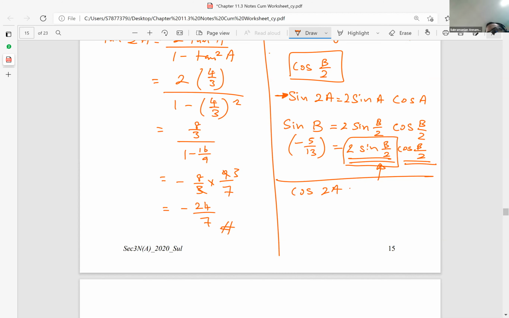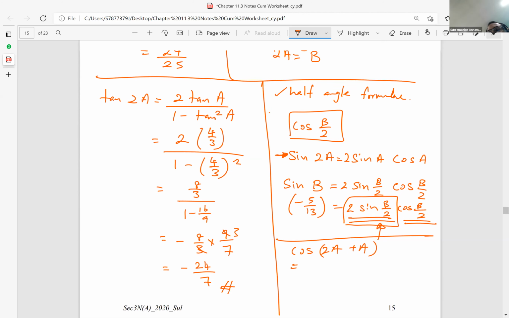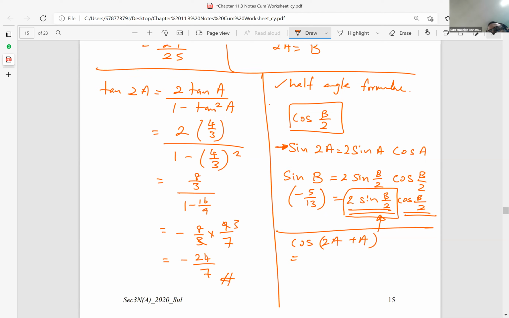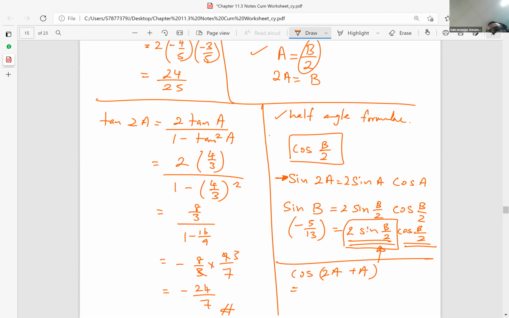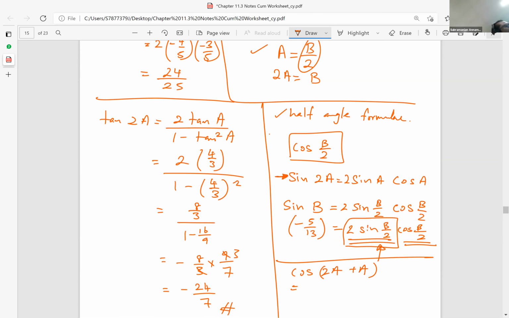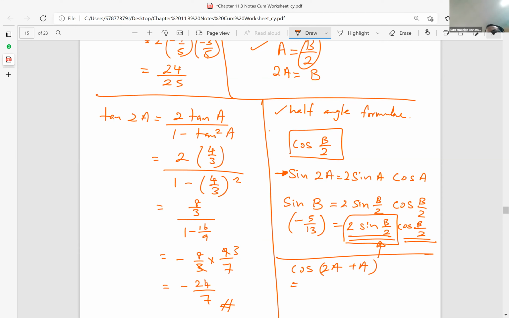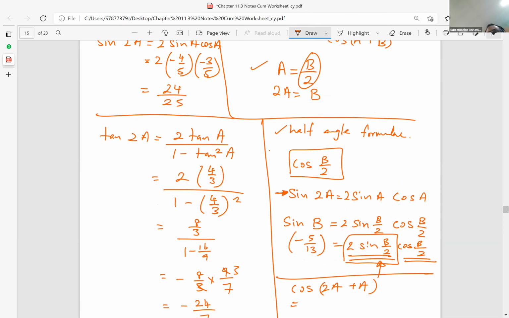Cosine 2A plus A is equal to what? Okay, since I have cosine 2A squared should be a problem. So I should use what do I have?